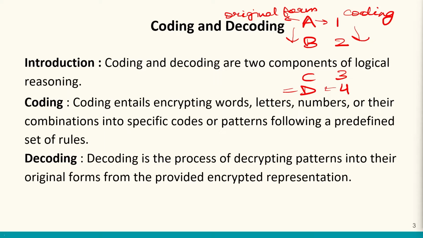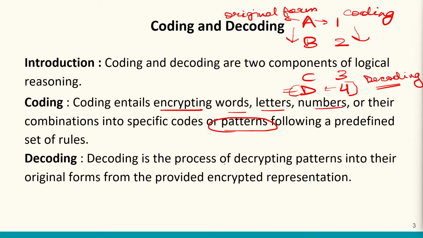When I identify the pattern and find the code for 4 or the code for D, this is called decoding. So this is the meaning of coding and decoding. Coding means that we are encrypting, it could be words, letters, numbers, anything, and we are following a specific pattern to do so.